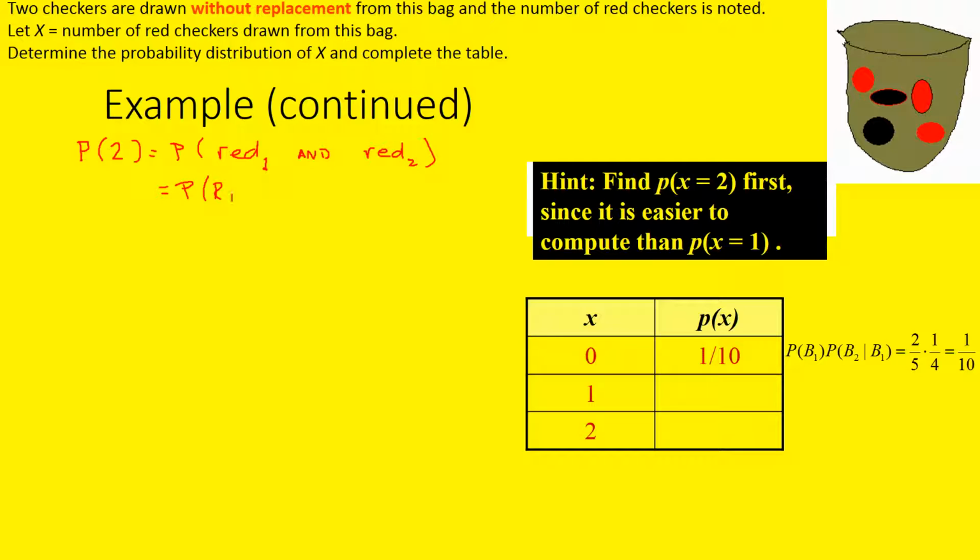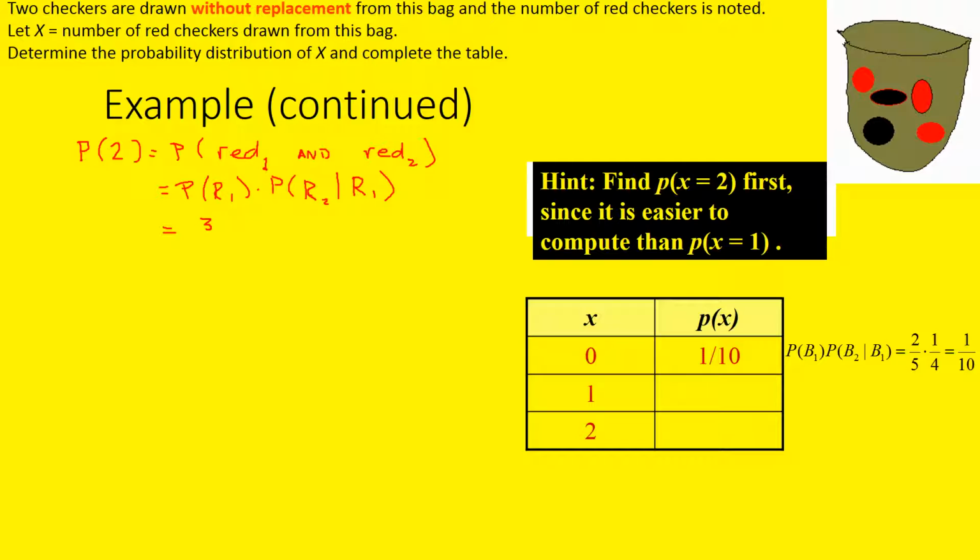We're using a multiplication rule. Probability red on the first times probability of red on the second, given that you drew a red on the first.